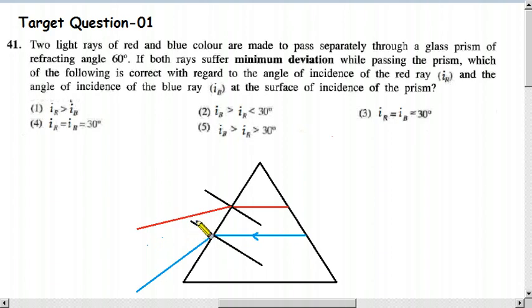When the color is blue, it must bend more than the red one. Therefore this angle is greater. This one is I blue, this one is I red.